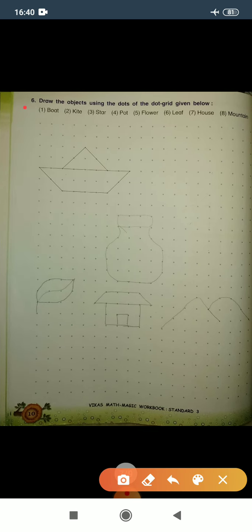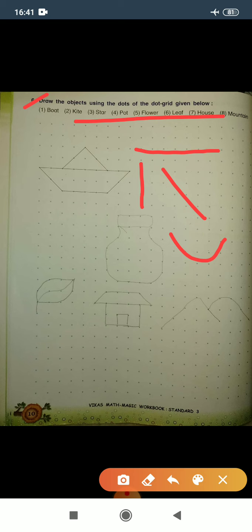After that, in question number 6, we drew many different types of pictures like boat, kite, star, pot, flower, leaf, house and mountain. Again in this we used horizontal lines, vertical lines, slanting lines and curved lines.